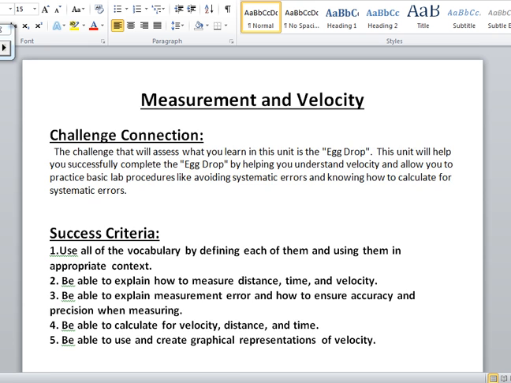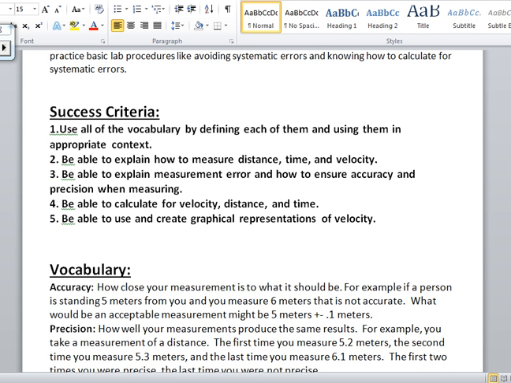Okay, you can just quickly read over the success criteria. Overall, you will always have the first success criteria in every single unit of just being able to use the vocabulary. Okay, knowledge is the lowest order of intelligence, but at the same time, without knowledge, you cannot reach any of the other levels of intelligence.